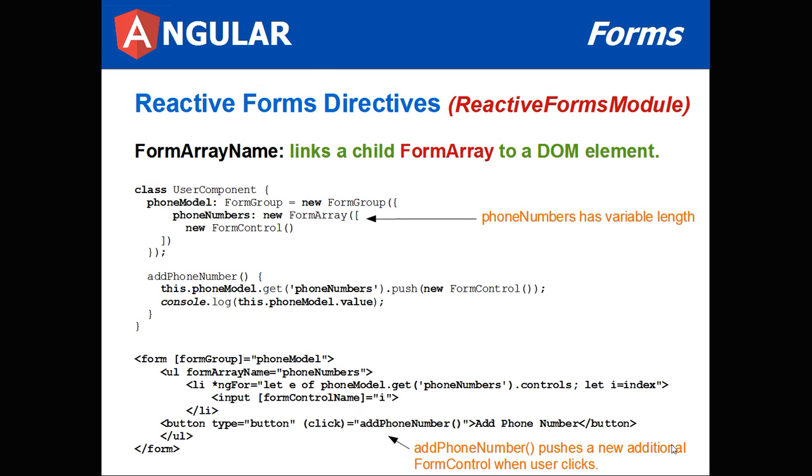Okay, the form array name links a child form array to a DOM element. So for example, we have a class user component with a phone model. It's a form group. I instantiate the form group and I add to the form group phone numbers, but I define it as a new form array with an array of controls.